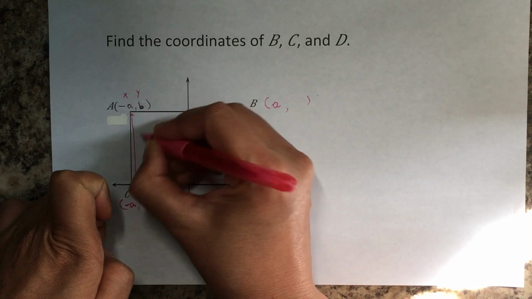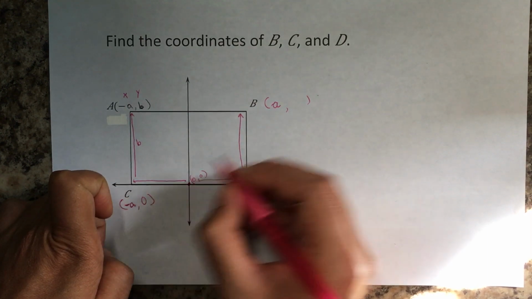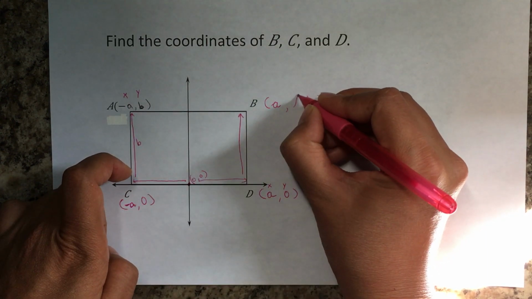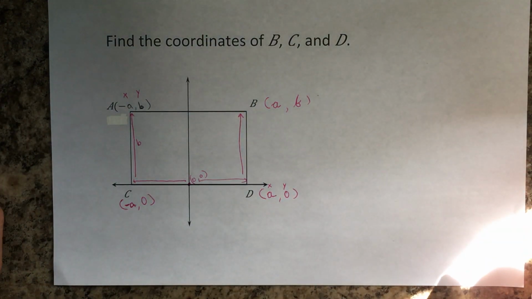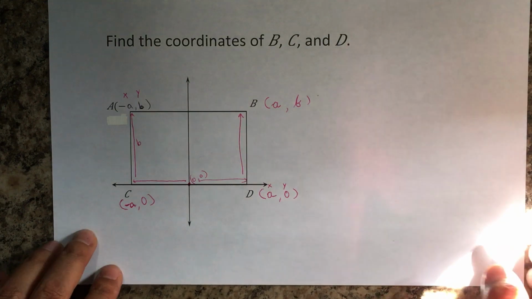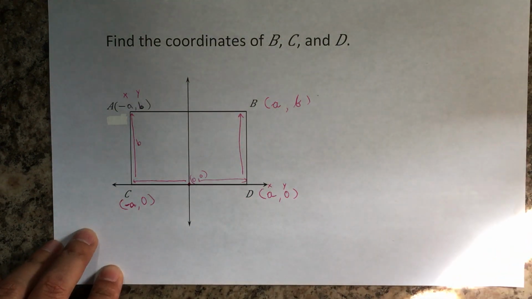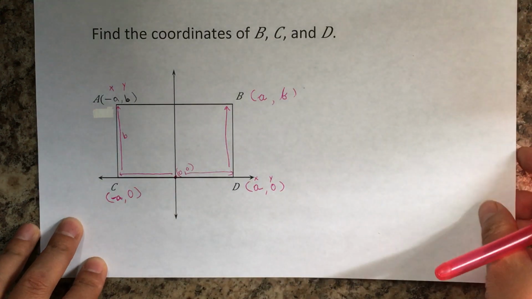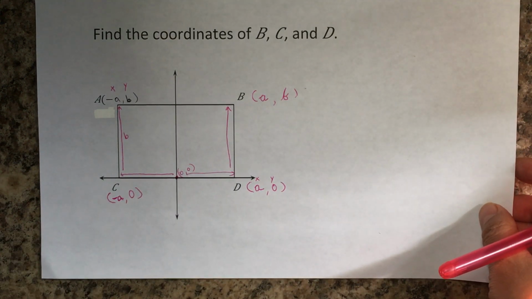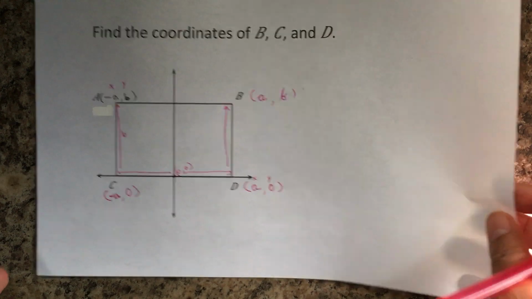This is the distance B. And therefore, this is going to be B as well, because they have the same height. Okay? So hopefully you're kind of getting it. I know that it seems a little bit confusing because we're using variables instead of numbers. But let's see if it gets better and better.